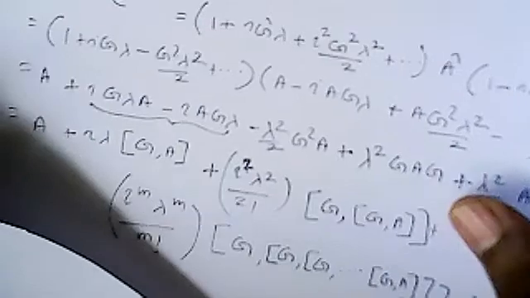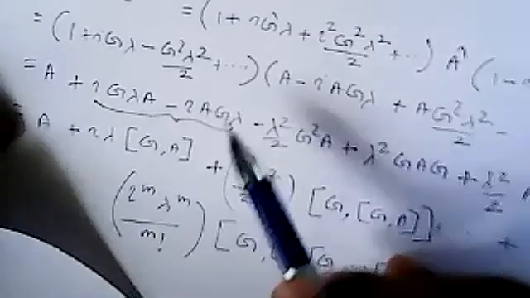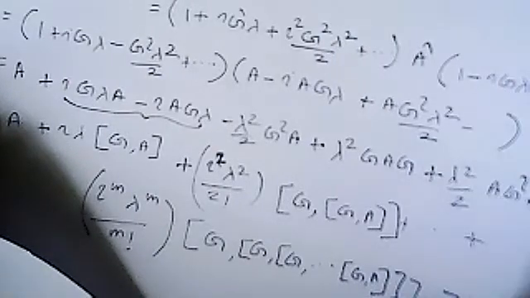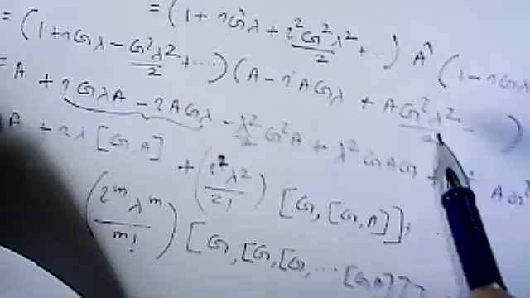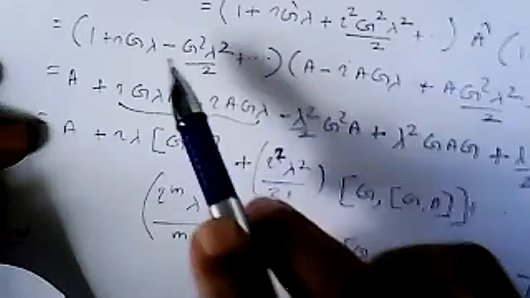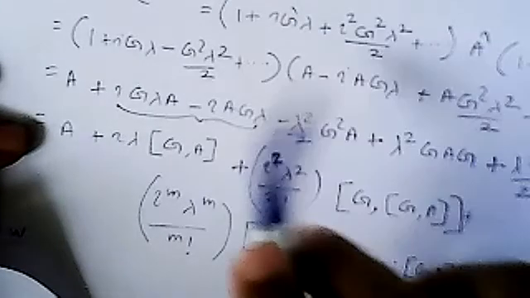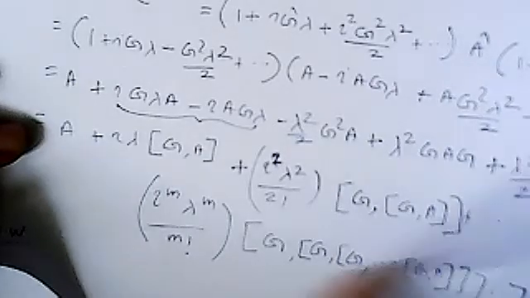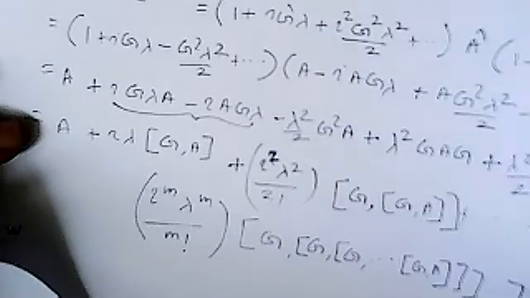Let A act on the e to the power of minus expansion first. Then you multiply the first e to the power of plus expansion with the second factor. You will get many terms.